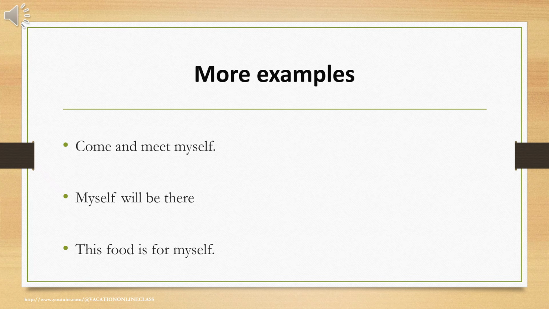Therefore, myself cannot be the subject of the sentence. 3. This food is for myself. The subject of the sentence is this food. And myself and this food do not refer to the same thing. Therefore, it cannot be a reflexive pronoun. So it is also an error.